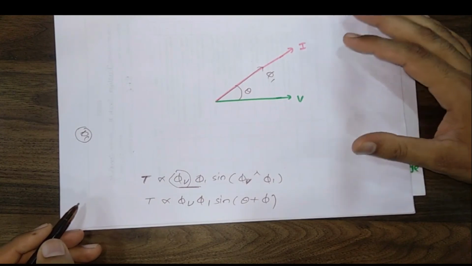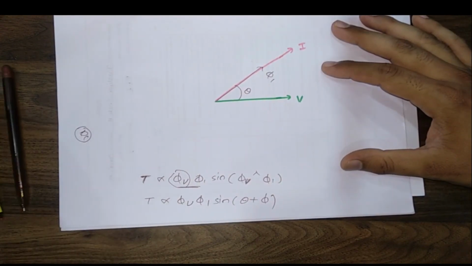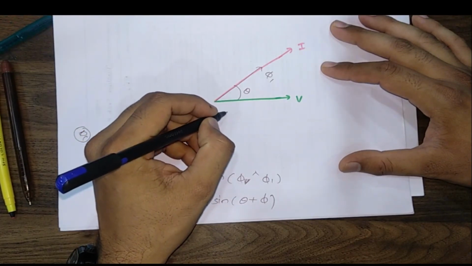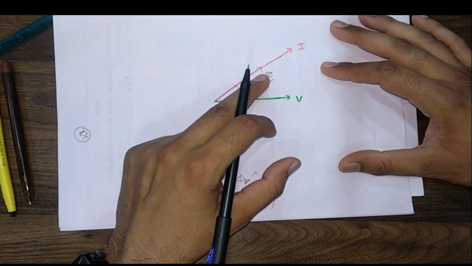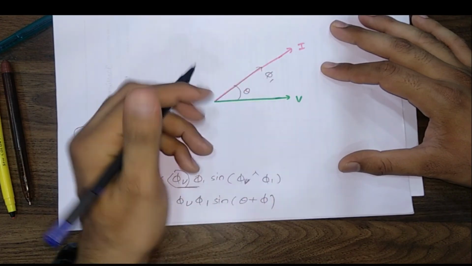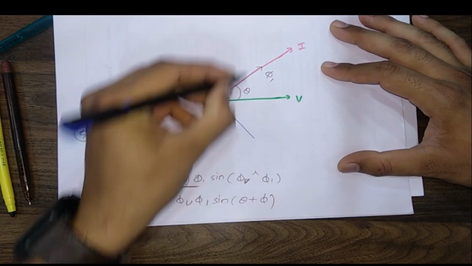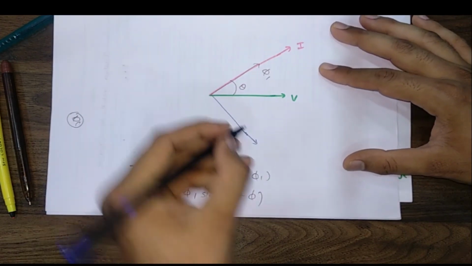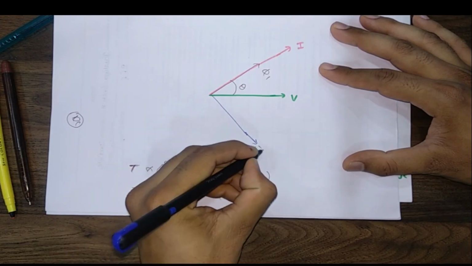Another factor is that phi V is left behind. Phi V will lag behind this flux phi 1 by 90 degrees, and this will be your flux phi V.